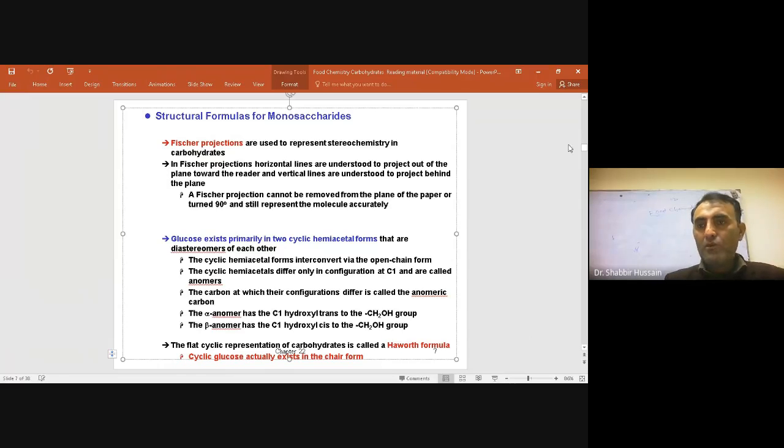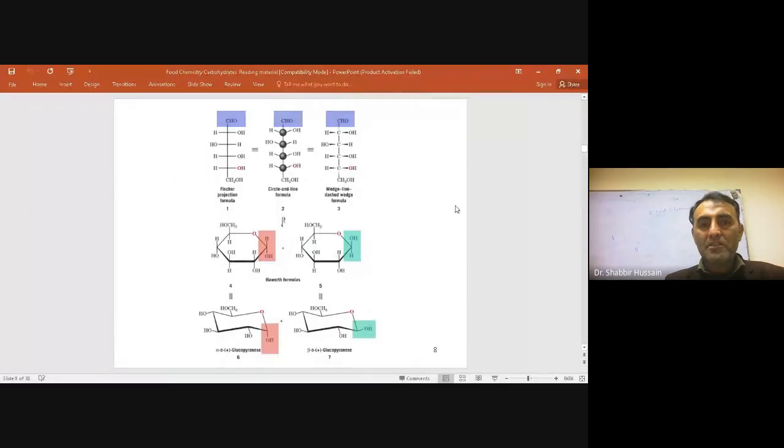This cyclic glucose, which is a 6-member cyclic structure, basically exists in chair form. In chair form, I have already mentioned to you yesterday, each carbon has one hydrogen and a hydroxy in carbohydrate. So this position is called axial position, and this position is called equatorial position.